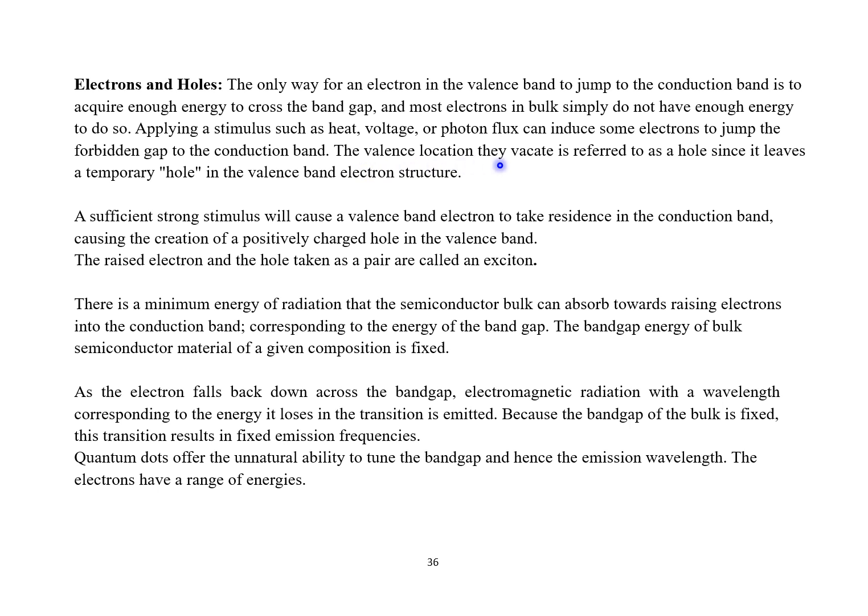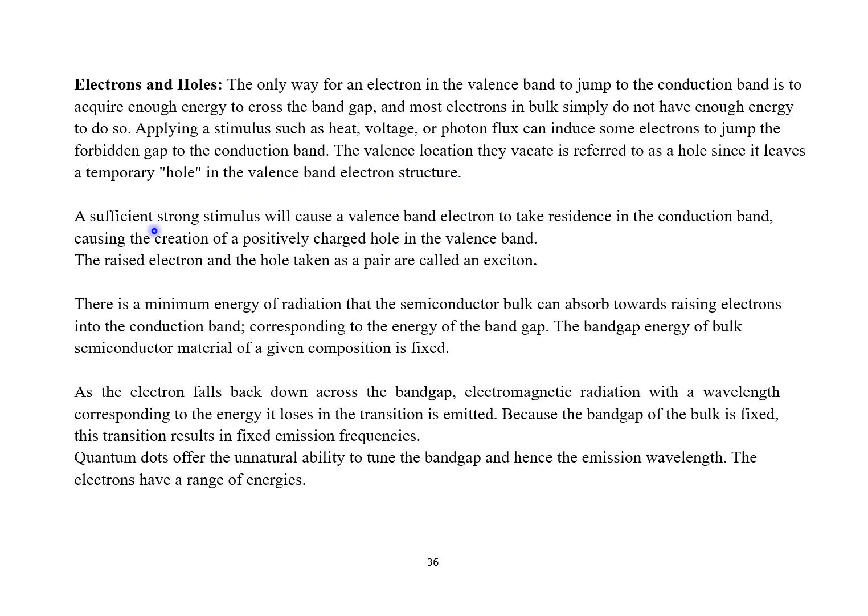The valence location they vacate is referred to as a hole. فالمكان اللي فراغ نتيجة هاي الجمب يعرف بأنه هو الهول, positive hole, since it leaves a temporary hole in the valence band electron structure.